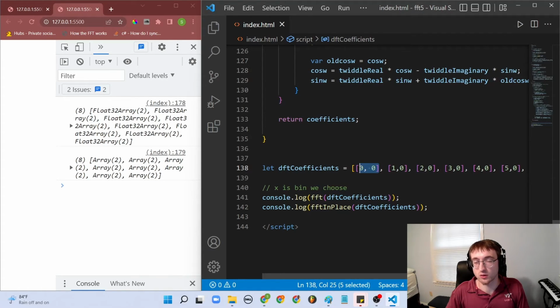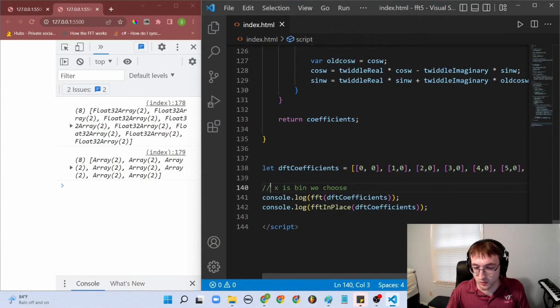And so we can do one of two things off the top of my head. We can either put the real and imaginary component next to each other in the array, or we can put all the real components first and then the imaginary components second, which I think would be the superior method to do. And that's stuff I do because I've done this before.